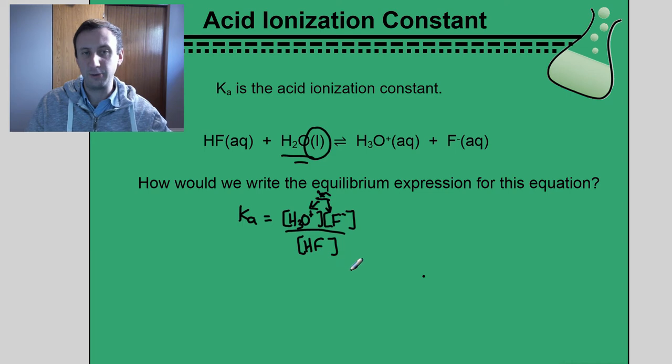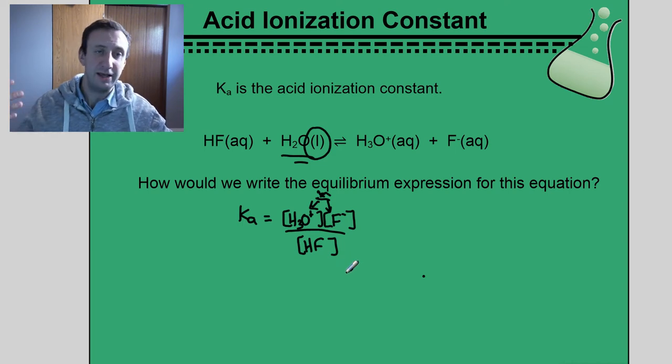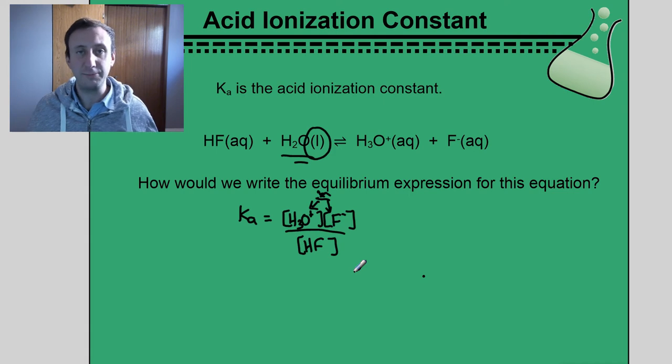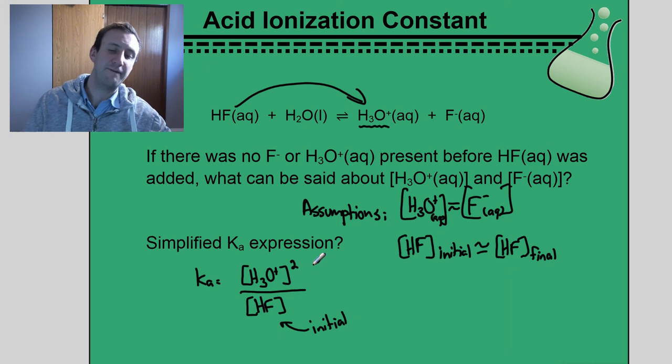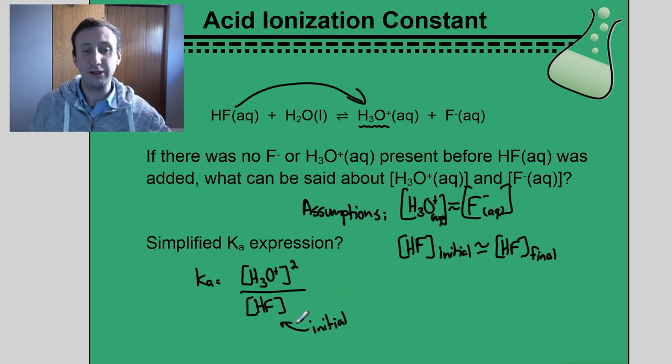And then HF, whatever concentration I have for HF, it's going to be pretty much the same at equilibrium as it was initially, because so little of this turns into these that we're just going to say whatever concentration I have for HF, that's the concentration I'm plugging in, and I'm not going to do the minus X stuff to find the equilibrium concentration of HF. I'm just going to take the initial concentration of HF and treat that as the same. Now, this gives us a very, very easy to use formula for weak acids that gets pretty good results.